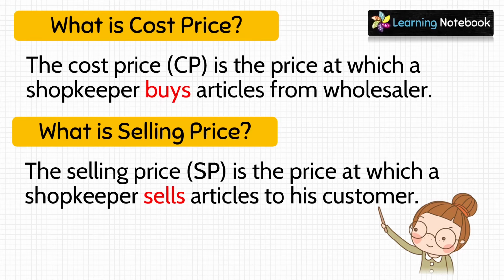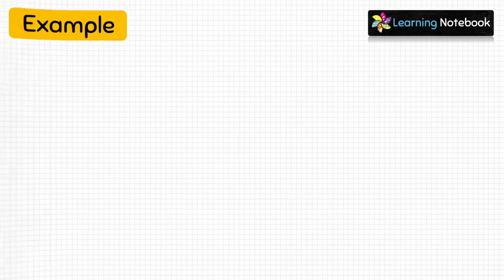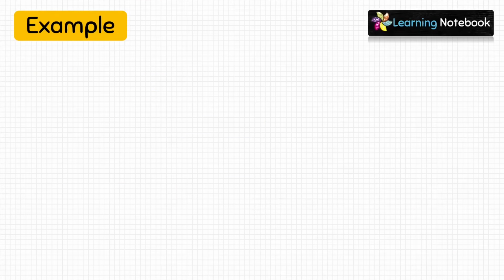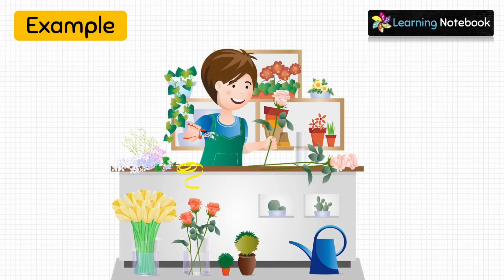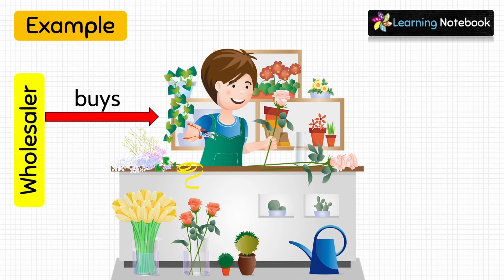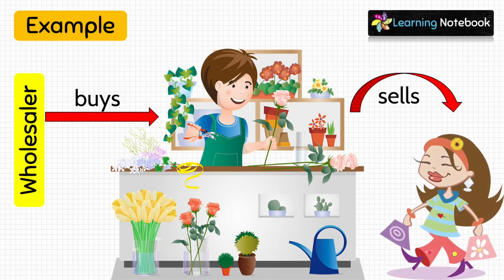Now let's understand both these terms with the help of an example. Let's consider a flower shop. Here, this shopkeeper is buying flowers from a wholesaler. Then he sells these flowers to his customers.